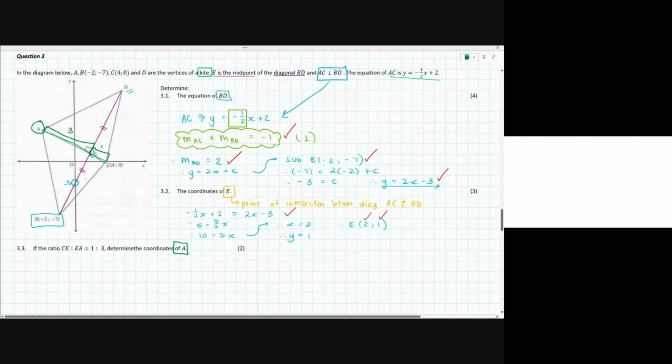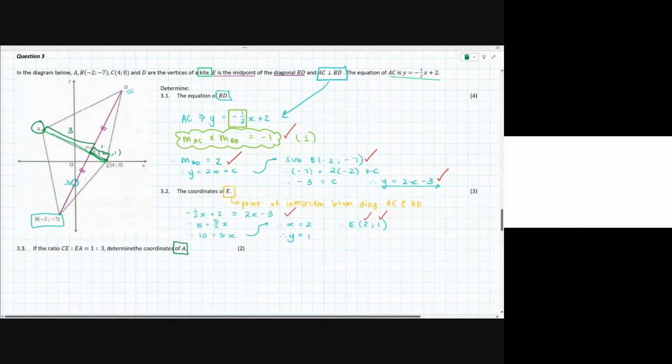Now, guys, this is a distance idea, proportion, lengths, distances. So essentially it's saying that whatever the difference from point C to point E is a third of whatever the distance from A to E is. Now let's have a look at this. So E we have just worked out to be at 2, 1.